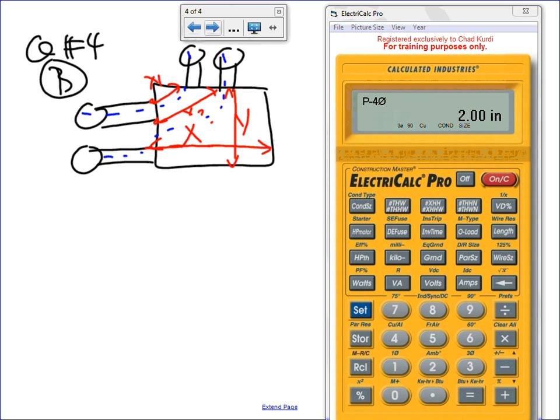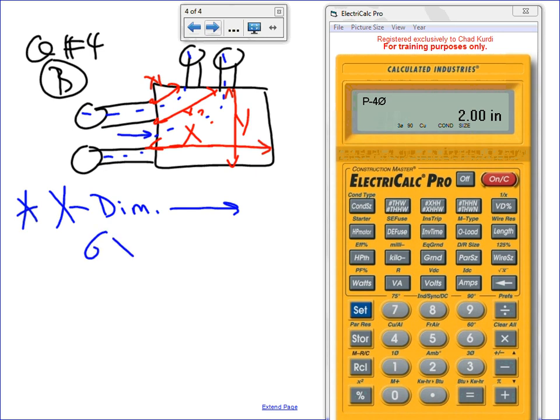Piece of cake. The first thing, let's do the x dimension. For the x dimension, my friend, the only way we can get x is from an angle pull, right? How many angle pulls do I have? 2. You take the largest conduit engaged in an angle pull, multiplied by 6, plus all the conduits on the same wall.